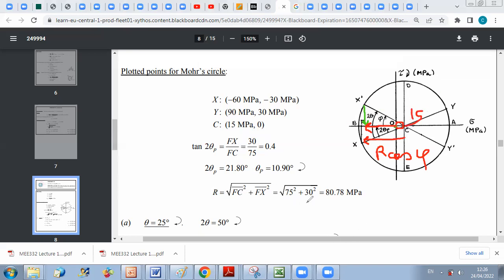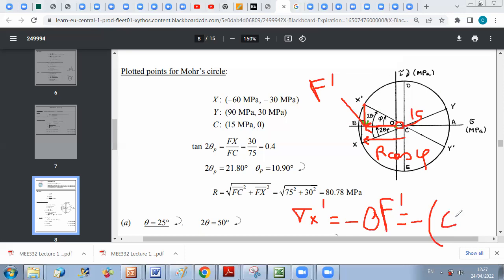So you can say that sigma x prime is equal to minus the distance from O to F. From O, sorry, let us say the projection of this point, you can call it F prime if you want, this point F prime, projection of x prime on the axis. So it's minus O F prime. It's equal to minus the distance from C to F prime minus OC.